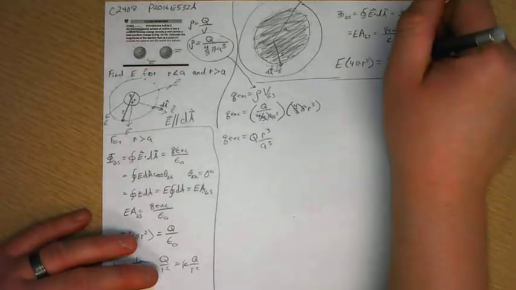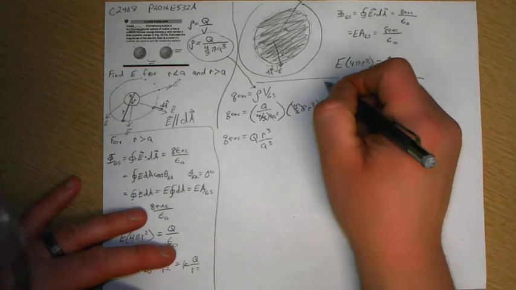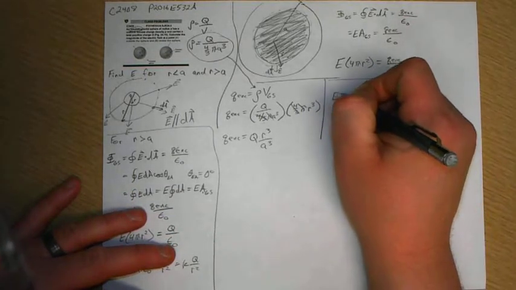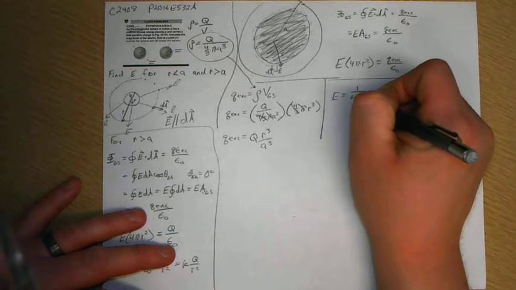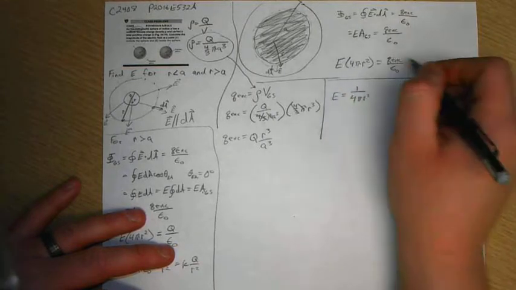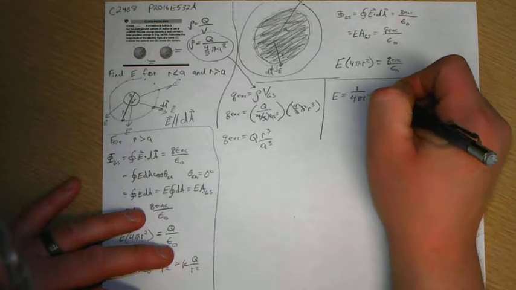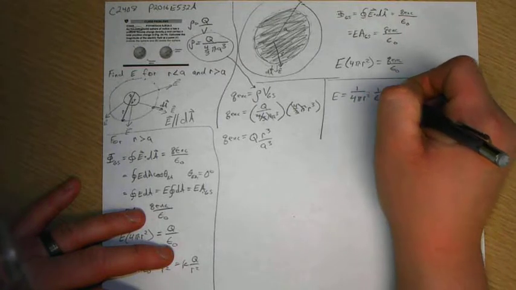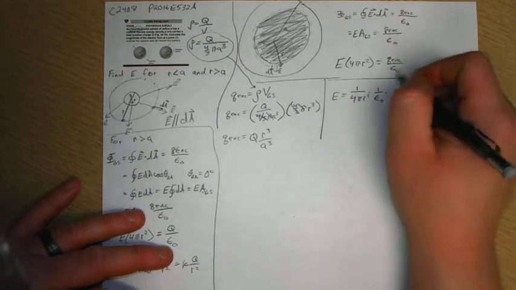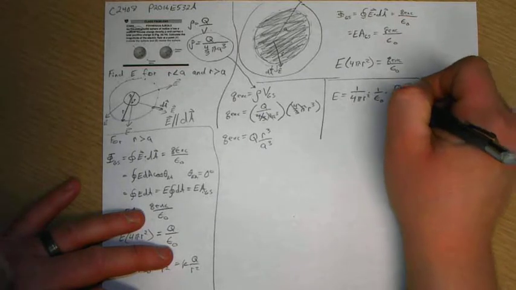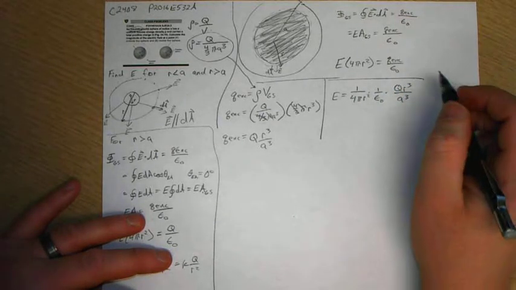Now I can put that back in over here. So I'll say the electric field is equal to 1 over 4 pi r squared. I just moved that over to the other side. Times now the charge enclosed, I'll actually do 1 over epsilon naught just to move that out, times the charge enclosed, which is Q r cubed over A cubed.